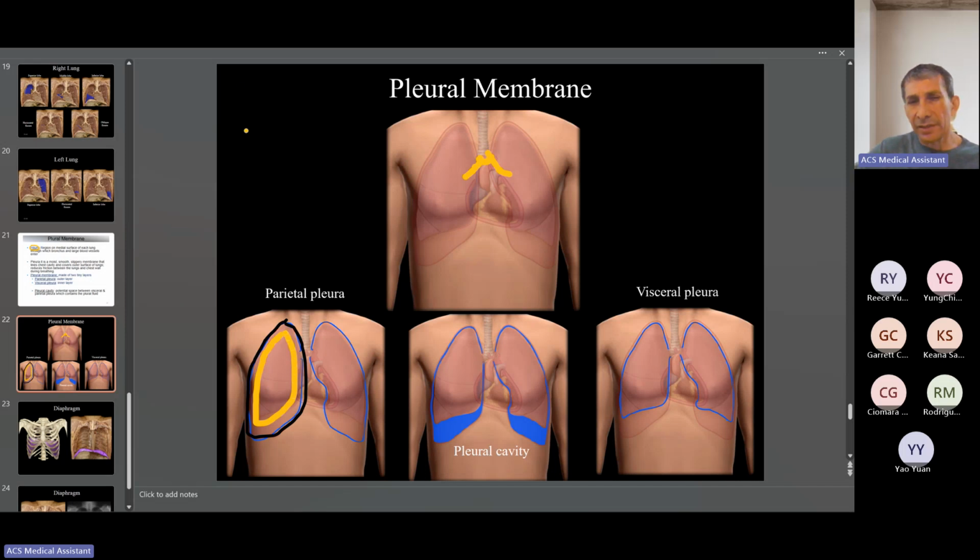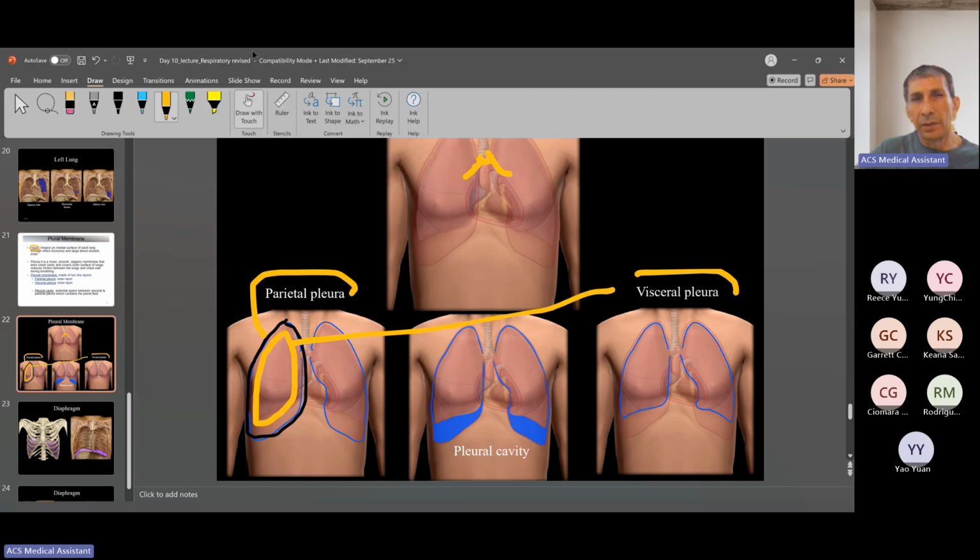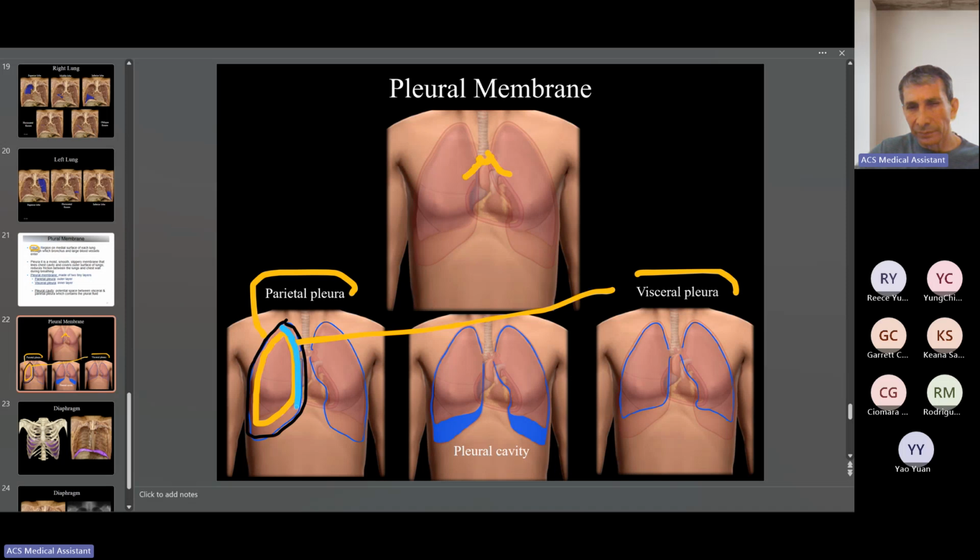And right inside this is the visceral pleura, the one inside. The one outside is this, and the one inside is this. And now in the middle, right here, we're going to have the pleural fluid. See, the pleural fluid. That's what makes this membrane soft, kind of moist, so it doesn't dry off.